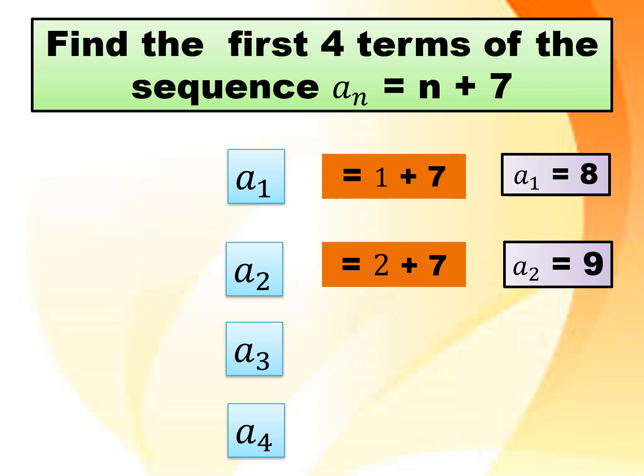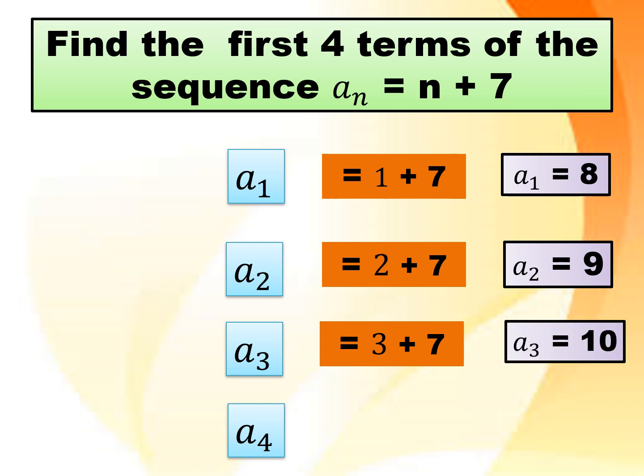Let us identify the third term by substituting n by 3. We will then have 3 plus 7. Therefore, a sub 3 is equal to 10, or the third term of the sequence is equal to 10.